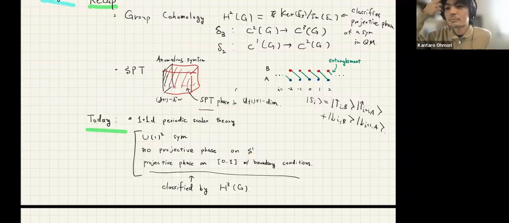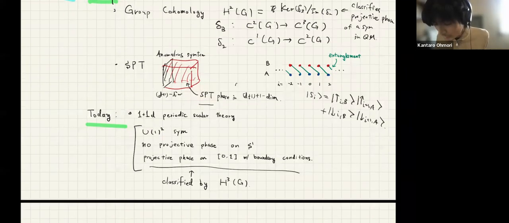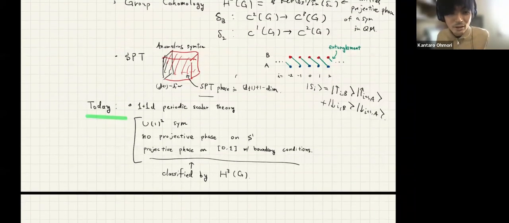However, it is well known that this U1 squared symmetry has an anomaly in the traditional sense, the perturbative anomaly. To match the theme of this lecture, I'd like to see it as some kind of projective phase, to emphasize that it is a generalization of Wigner's projective phase for quantum mechanics.